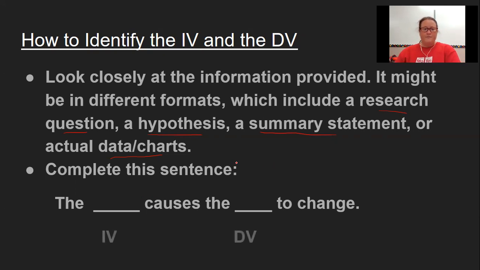So the independent variable is always the thing that's causing, it's the cause, and the dependent variable is the effect. So if you can remember to refer to this, if I ask you what is the independent variable, what is the dependent variable, if you can create this sentence, it will help you determine that each and every time.